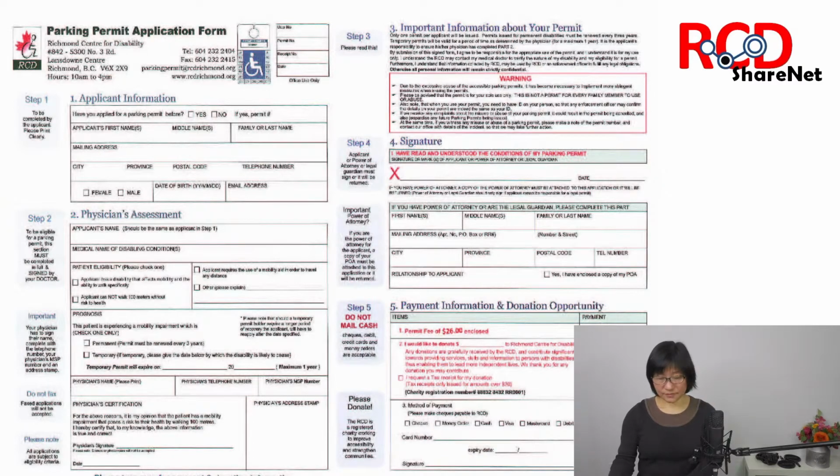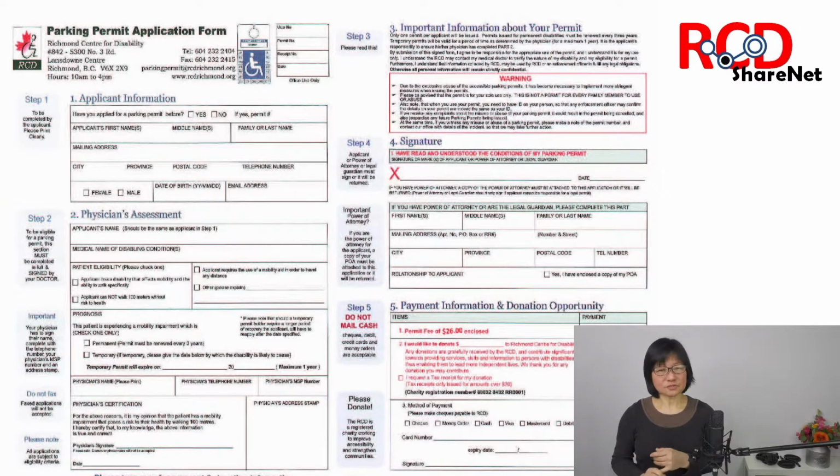So basically on the form, we would say that they need the extra width of the designated space to get in and out of the vehicle in a wheelchair. So this is for people with mobility challenges or using crutches, a cane, or other mobility aids such as walkers, and who need to park close to the building entrance because their health prevents them from walking very far. There may be some ambiguity in this.